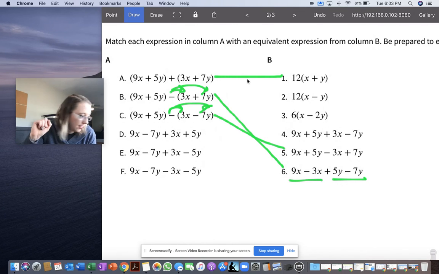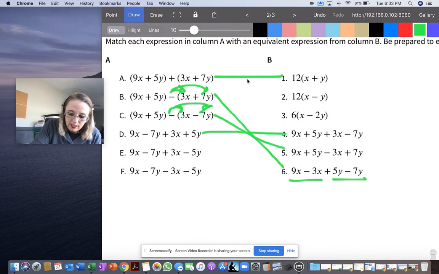Okay, D is 4. Okay, you're really just moving stuff around in this one. And this one is kind of showing you basically that as long as you keep the sign, okay, as long as you keep the sign in front of the number or term, it's okay to move things around.